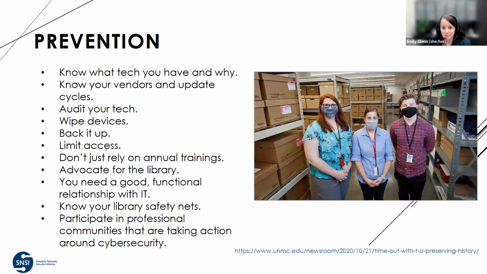So along the lines of prevention, we sometimes might not have everything to prevent the whole attack, but we can at least prevent it from being as debilitating as it can be. We can hopefully not be part of the problem.